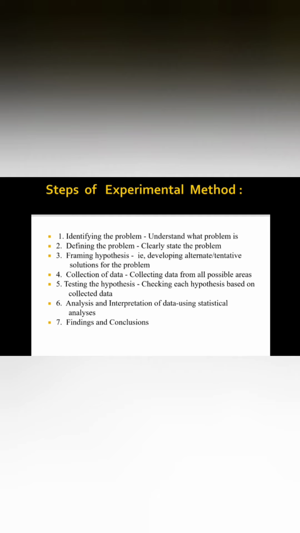The fourth step is collection of data, collecting data from all possible areas. The fifth is testing the hypothesis, checking each hypothesis based on the collected data. And the sixth step is analysis and interpretation of data, that is by using statistical analysis.